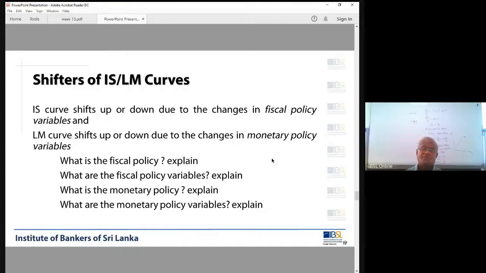These are the monetary policy variables. Through interest rate changes, such as repo, reverse repo, the standing lending facility, the savings facility, or the bank rate, and the reserve ratio, they can change these policy variables.